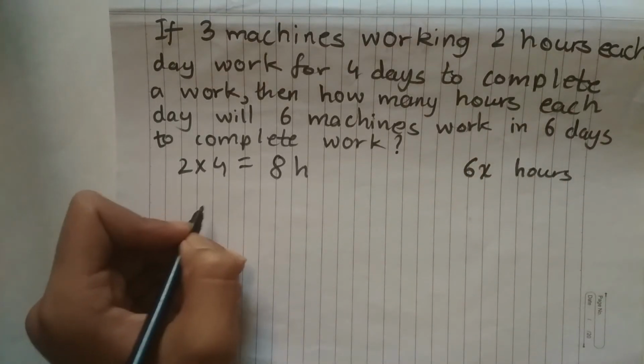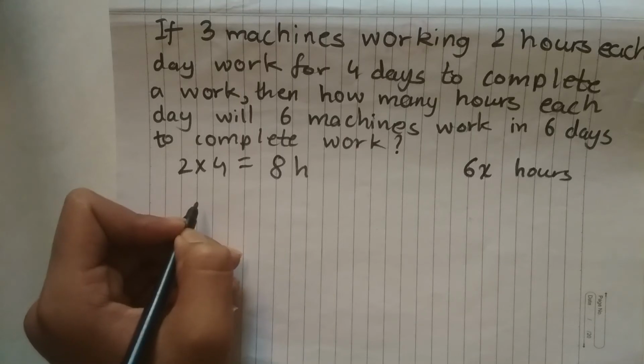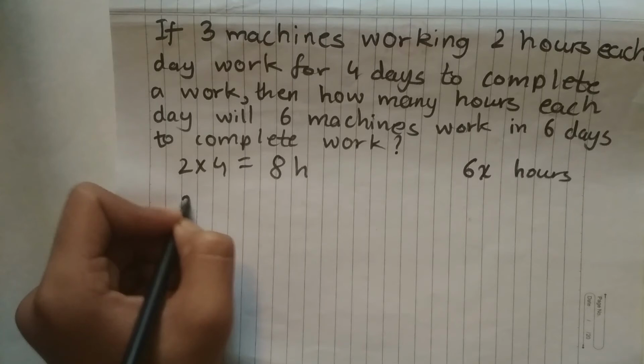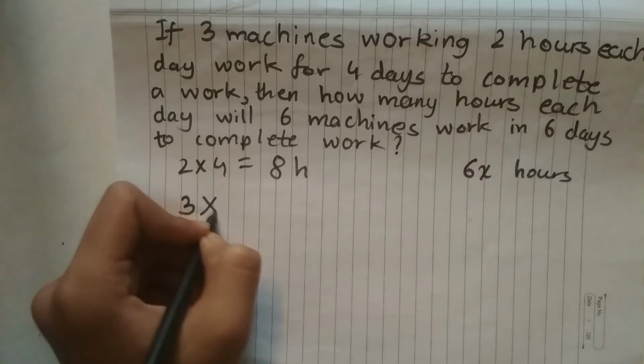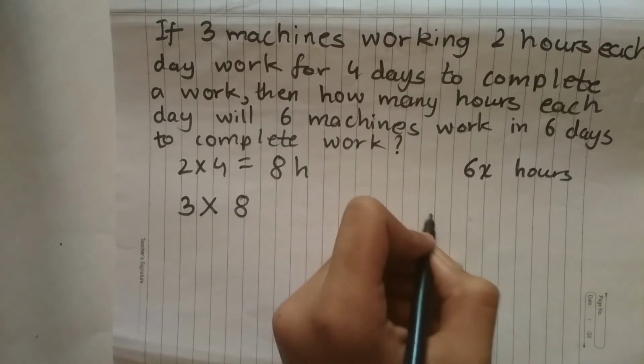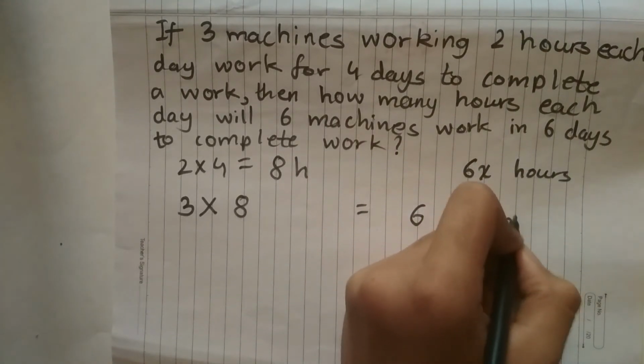Now since the work in both conditions is the same, let's write m into t. Here we have 3 as m and the time is 8, equal to 6 as m into 6x.